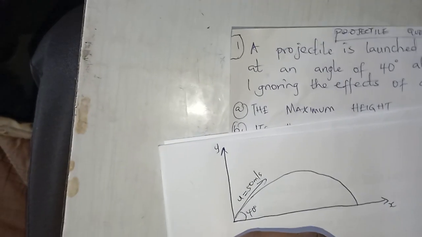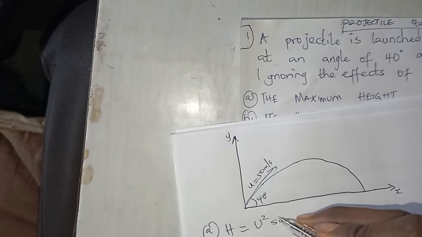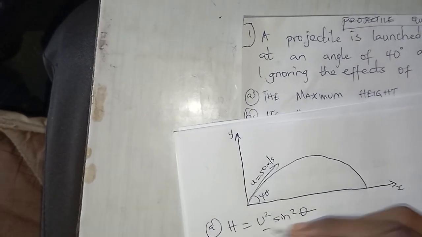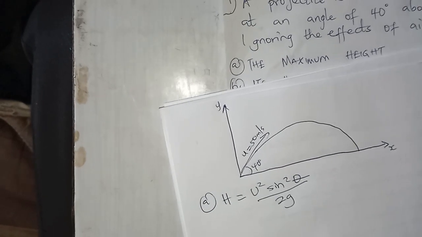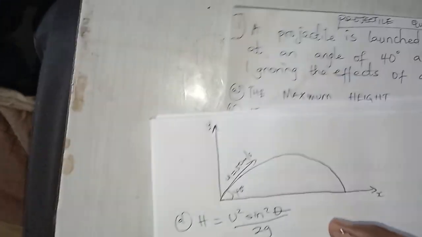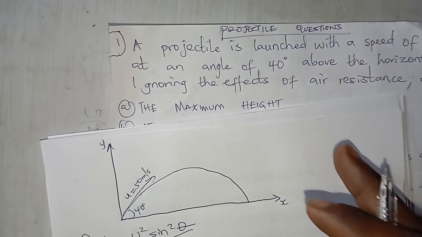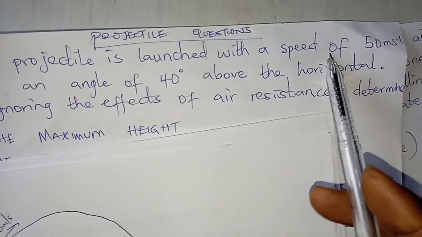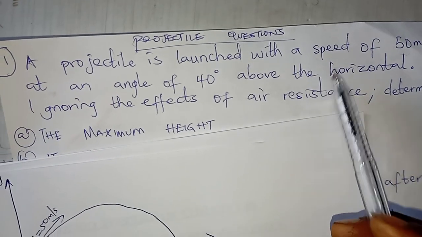So to find my H, which is part a, H will simply be u squared sine squared theta all over 2g. So I will simply calculate by putting in the values I'm given: a speed of 50 meters per second at an angle of 40 degrees above the horizontal.